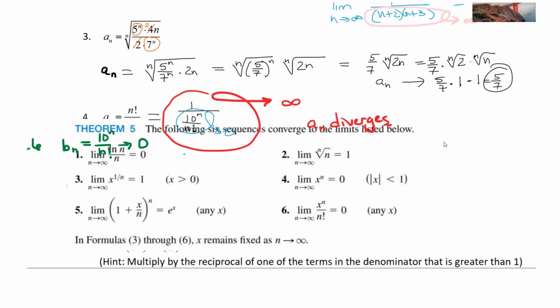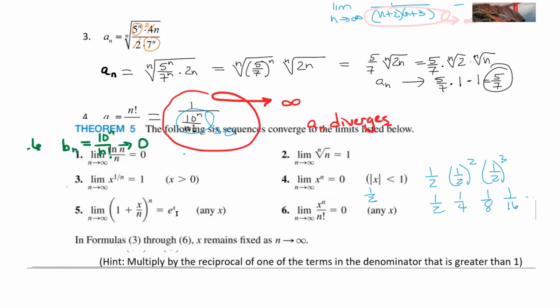Because when you raise a fraction, let's say that x is 1/2, then the terms are going to be 1/2, 1/2 squared, 1/2 cubed, and so on. So you get 1/2, 1/4, 1/8, 1/16, and so on. They just keep getting smaller and they go to 0.